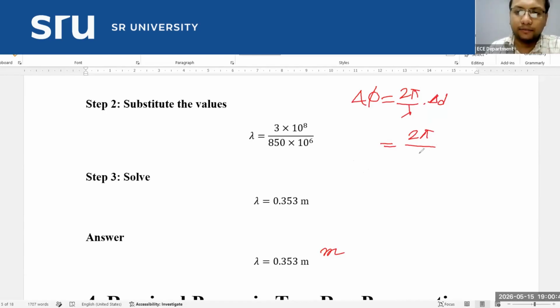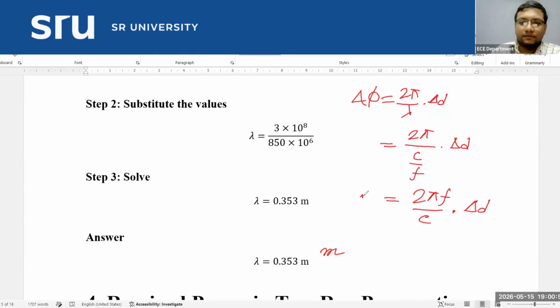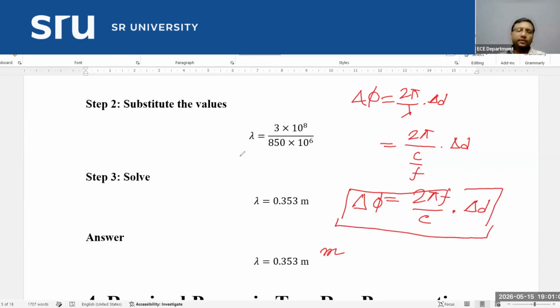Lambda is equal to c by f. So c by f into delta d. So 2 pi f divided by c into delta d. So when lambda is not given directly, we can also use this formula to get the value of the phase difference.